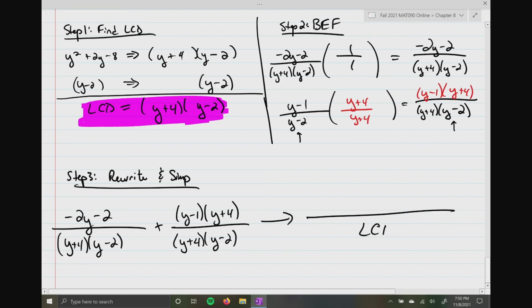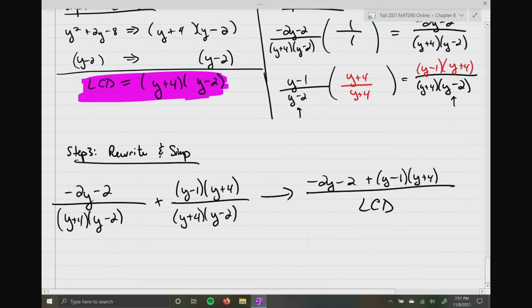I'm just going to write the words LCD, and I'm going to write one big numerator. Negative 2y minus 2 plus the quantity of y minus 1 times the quantity y plus 4.